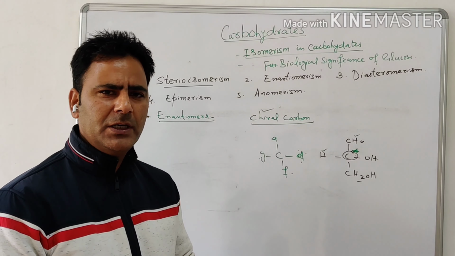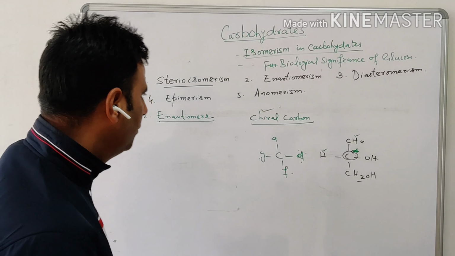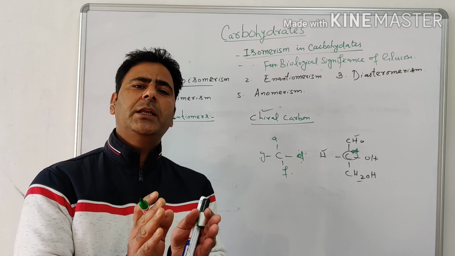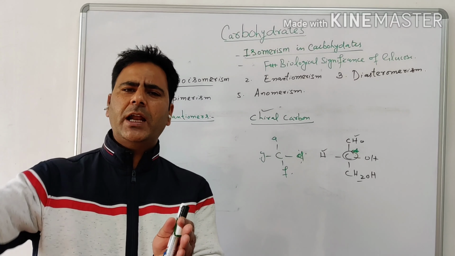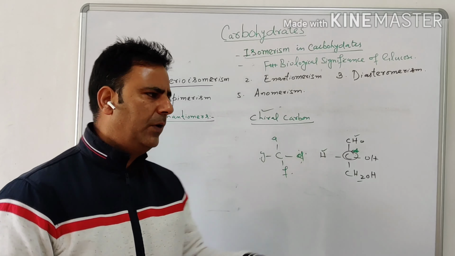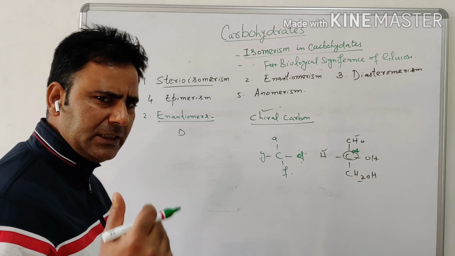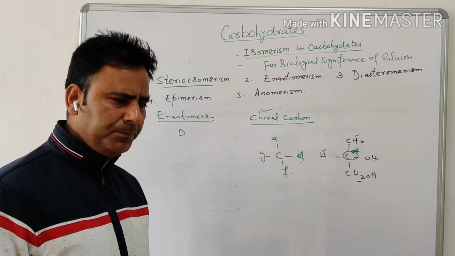These enantiomers are mirror images of each other, and they have the capability to rotate plane polarized light either to the right or to the left. When they rotate it towards the right, we call them dextrorotatory.